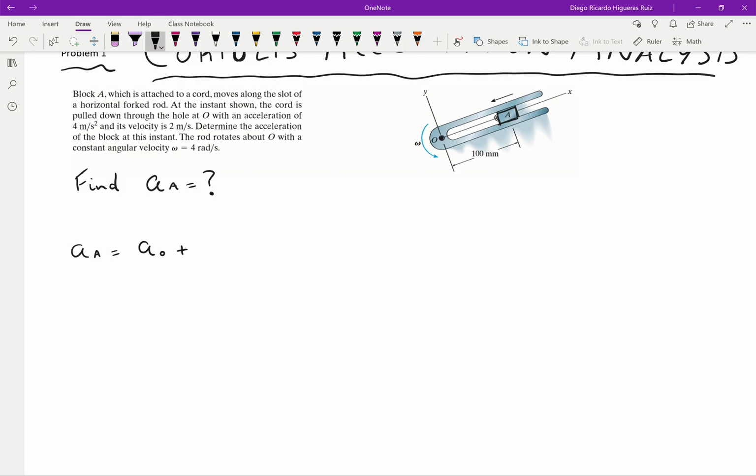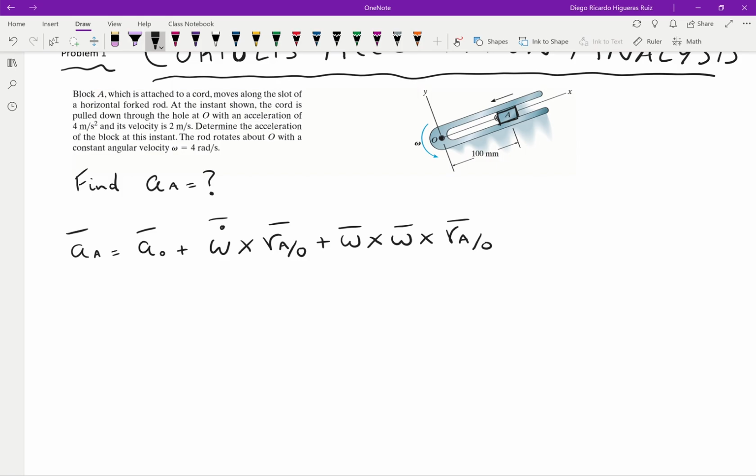Plus the acceleration of A respect O. And that acceleration is gonna be decomposed into components: the tangential acceleration, which is this first component, and the normal acceleration, which is the second component. And as you can see here, we're gonna have a double cross product. So let's write that down. All of these guys are vectors, so we need to indicate that.